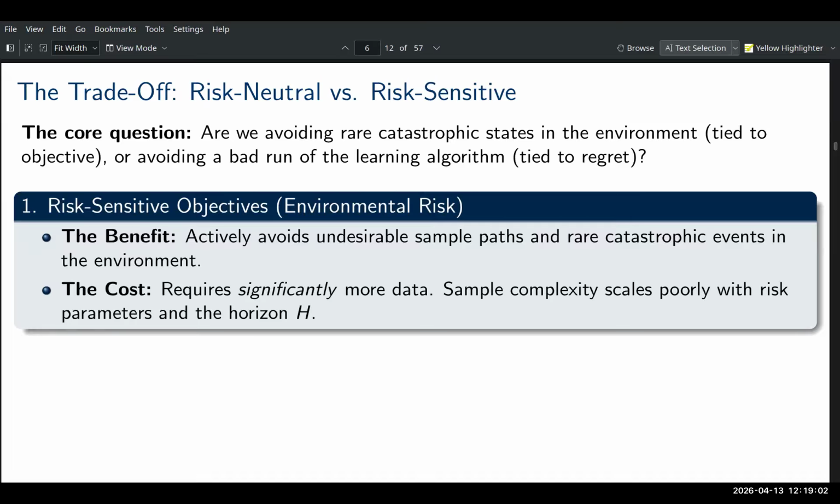Because the amount of data you need to make it work is just not feasible. Or the gap between the empirical performance and the theoretical performance is huge. If you do not apply any variance reduction technique, the performance is not very good.